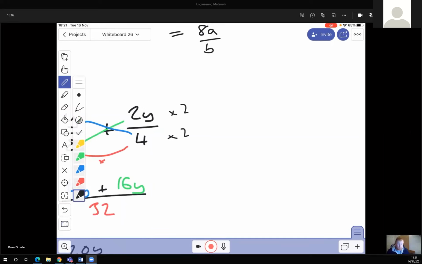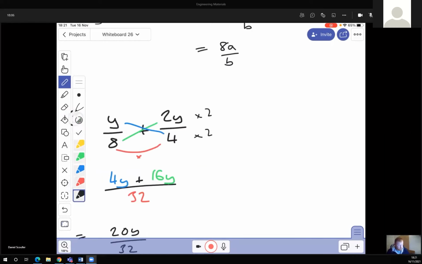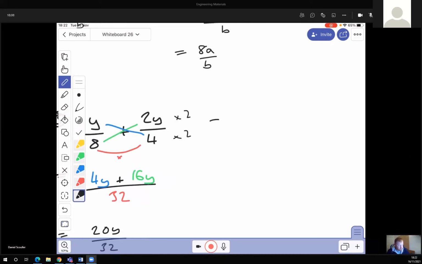So we don't have to do anything to the first term, that's already over 8. So if we multiplied the top and bottom by 2, that would give us y over 8 plus 4y over 8. And that's a really good method, and when you spot that straight off, that's a good sign. That would lead you to the same answer.